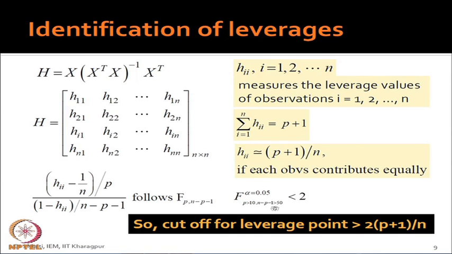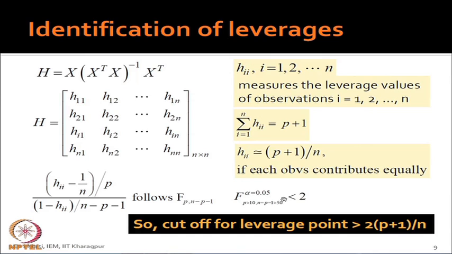Now, if p is greater than 10 and n minus p minus 1 is greater than 50, that means we take a large number of observations as well as a larger p, and for alpha equal to 0.05, this F value is always less than or equal to 2.